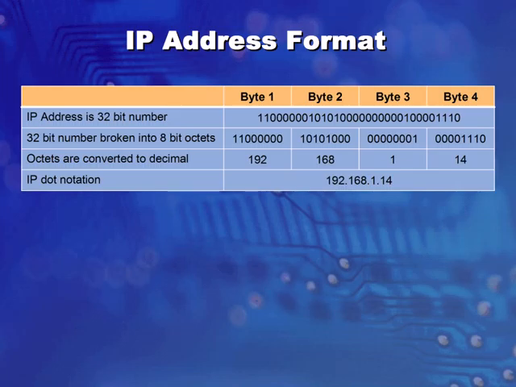The actual format of the IP address, broken out into binary, is broken out into 4 bytes. Now, what's interesting is they actually call these 4 octets. And the reason they don't call it a 4-byte number is because if you go back to the early 80s when IP version 4 was first invented, a byte wasn't necessarily always 8 bits. Certain boxes would use a 7-bit byte with a 1-bit parity, or other boxes would use a 9-bit byte.